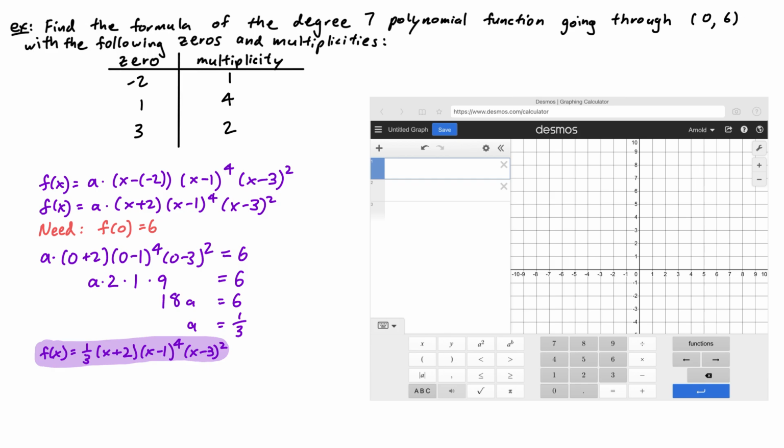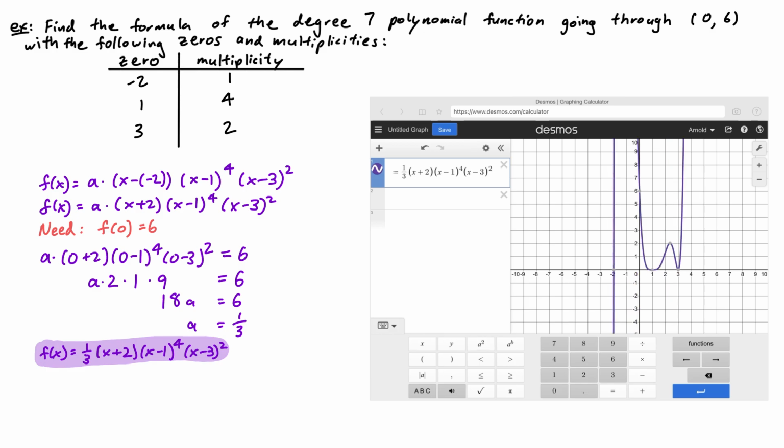So to graph our function, we would graph y equals our vertical scale 1/3 times x plus 2 times x minus 1 to the 4th power, and then times x minus 3 squared.